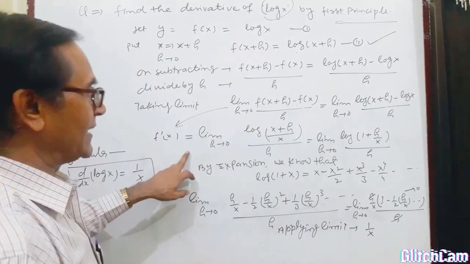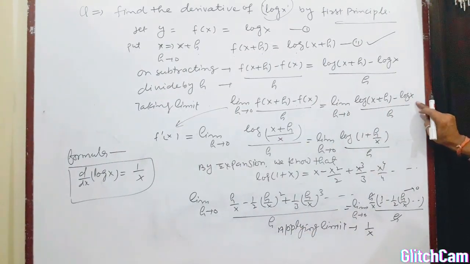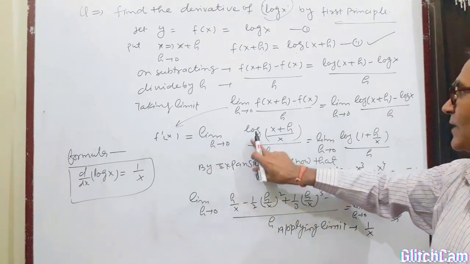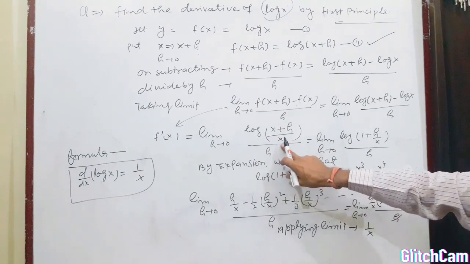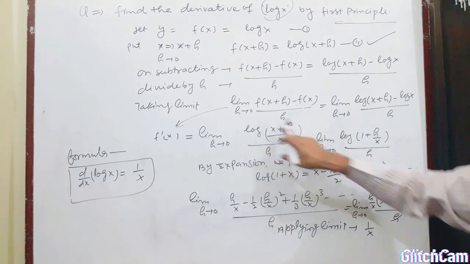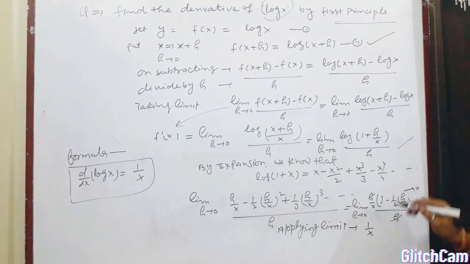By applying the limit, log(x plus h) minus log x, it means log m minus log n equals log(m upon n). We write the limit as h tends to 0 of log((x plus h) by x) upon h, which is log(1 plus h by x) divided by h.